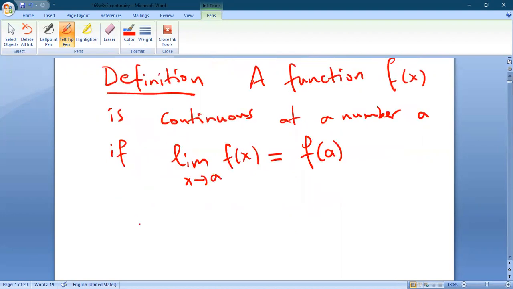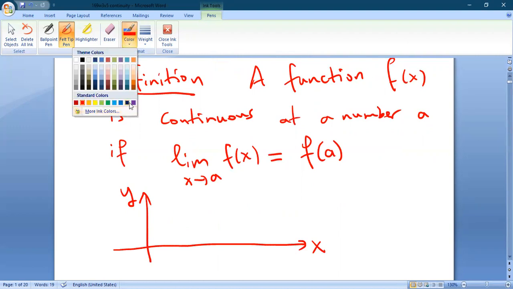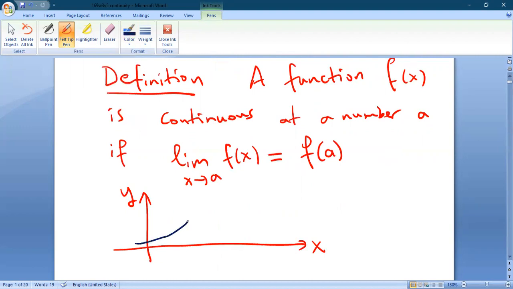So let's see this with a graph. Let's say we have the x-y plane, and let's say this is the graph of a function. Let's say this is a, and this is the function f, and here is where f of a is.